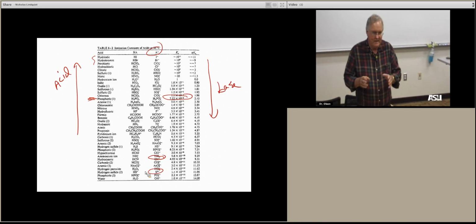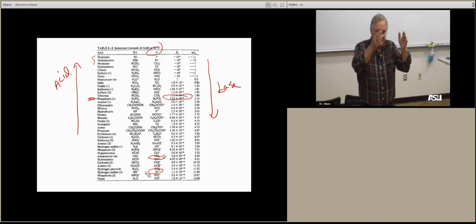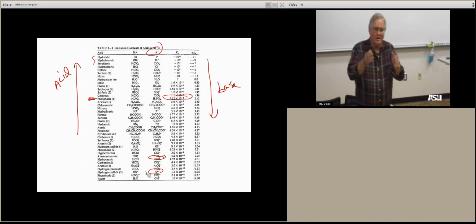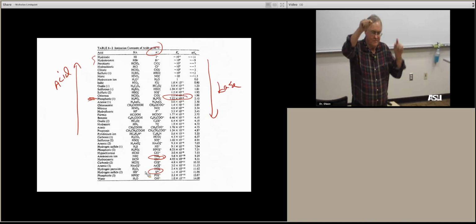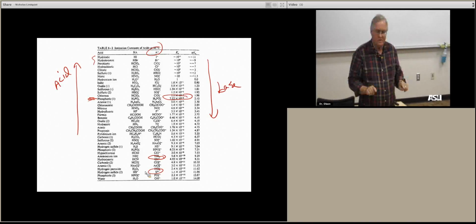Sulfide, S2-, is a pretty strong base, has a tendency to grab a proton. Does that make sense? So you can talk about the acid strength of the acid, or you could talk about the base strength of the conjugate base. The conjugate base of a strong acid is weak. The conjugate base of a weak acid is much stronger.